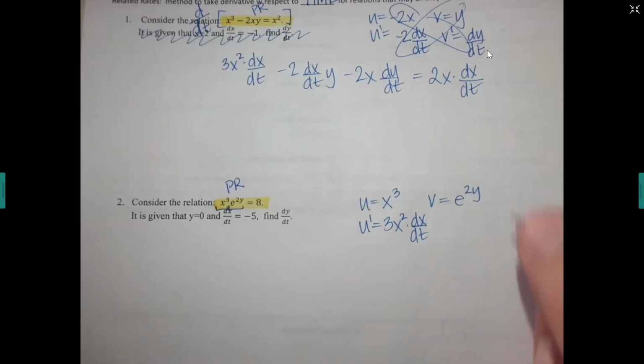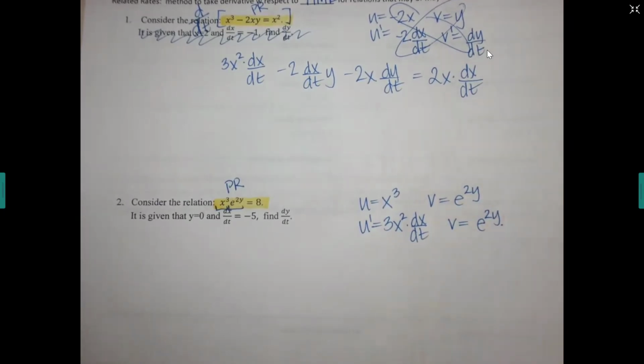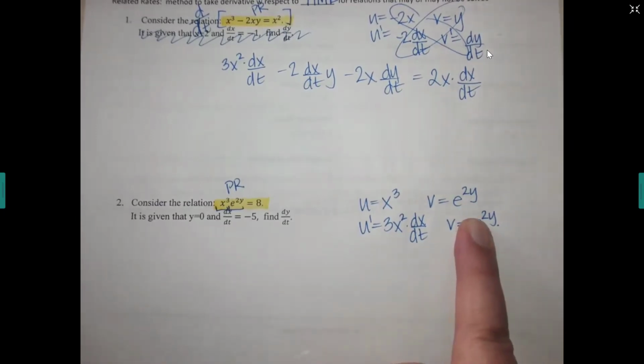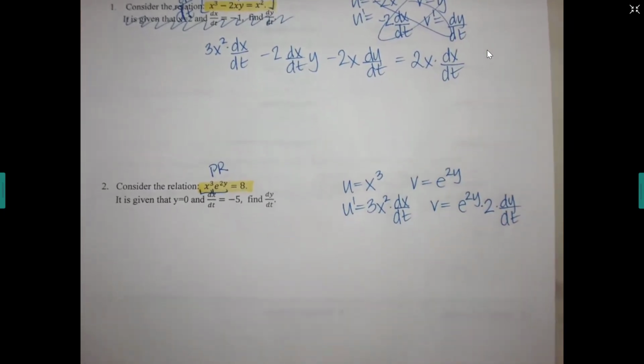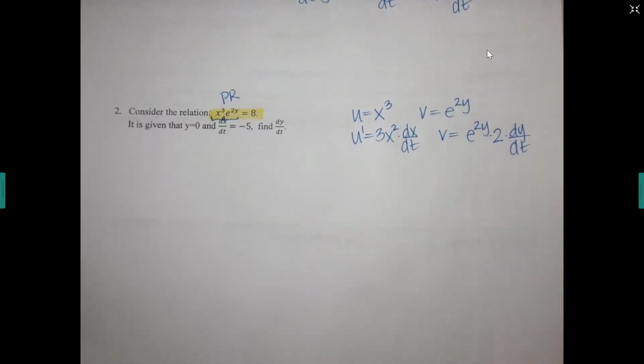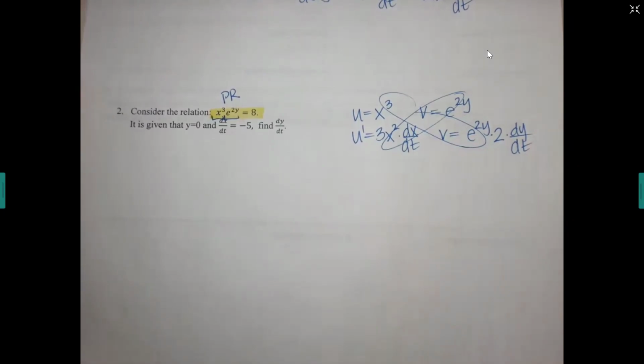For your v, it was an e to the 2y. So it's going to be e to the 2y again. But then when you move in a layer after the e part, the derivative of just the 2y is an extra times 2 dy/dt. Okay, then from there, you're going to do your diagonals plus to each other.